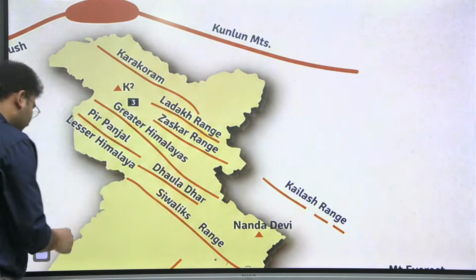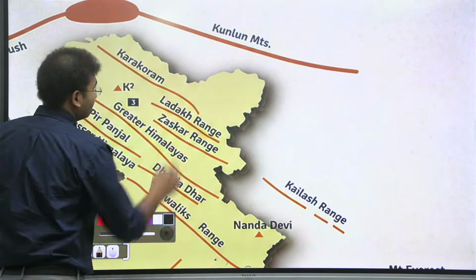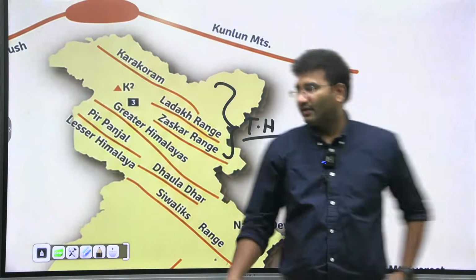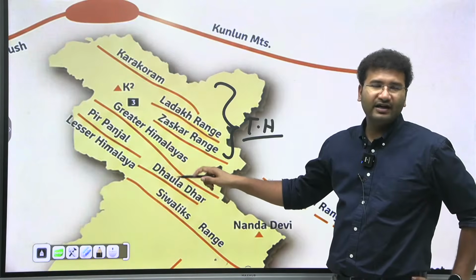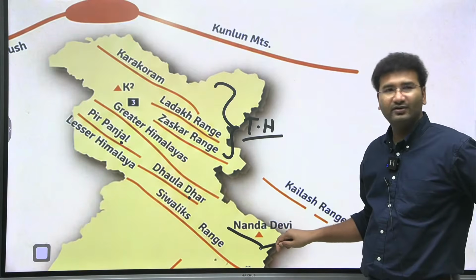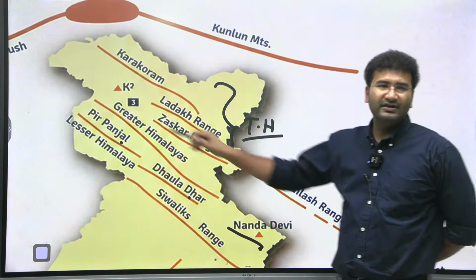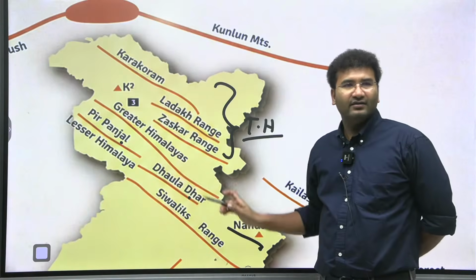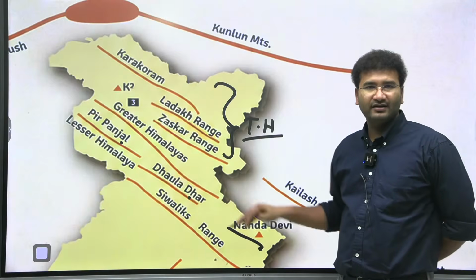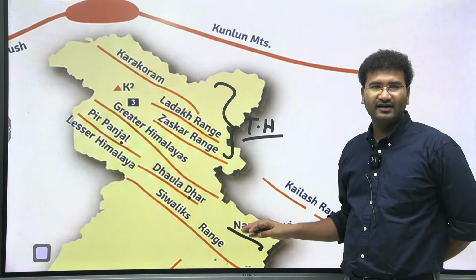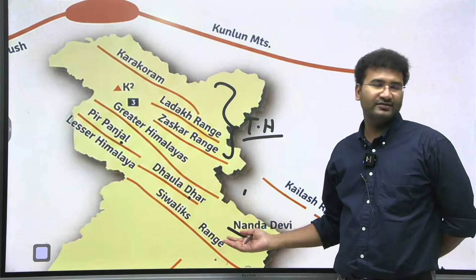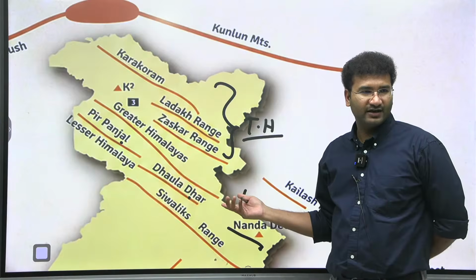These three are the Trans-Himalayas. Then the Greater Himalayas, and the Lesser Himalayas, whose different ranges are Pir Panjal, Dhauladhar, Nag Tibba. Pir Panjal is in Kashmir, Dhauladhar in Himachal Pradesh, and Nag Tibba in Uttarakhand. These are the Lesser Himalayas. And then come your Shivaliks. So the smallest height is the Shivaliks, the greatest height is in the Greater Himalayas.